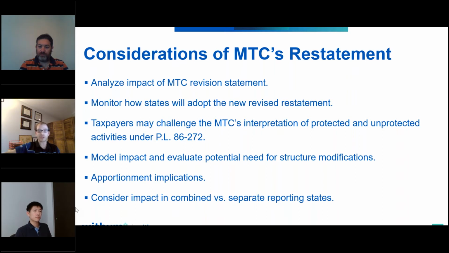Do we put in some planning to mitigate any of the risks, or do we just put in a claim with the hope that there will be successful litigation in future years by other businesses, by other taxpayers, on 86272?